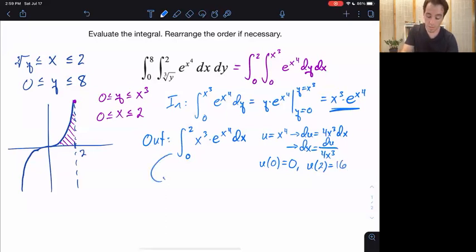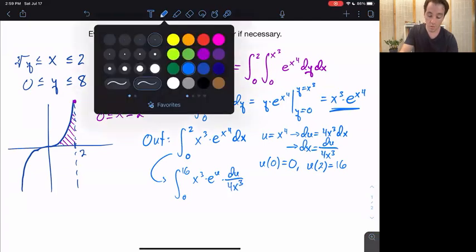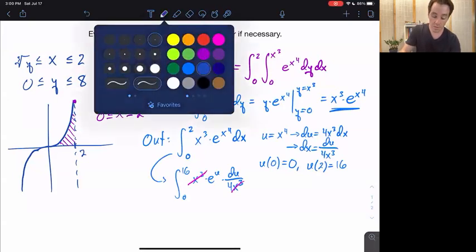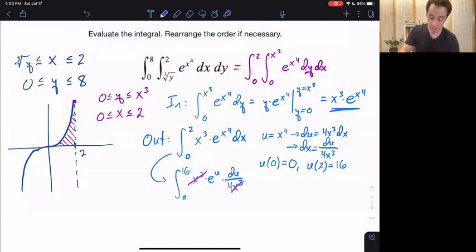So this will become the integral from 0 to 16 of x to the third times e to the u times, and now dx has become du over 4x to the third. Of course, the payoff here is that x to the third goes away. The 4 does need to stick around.